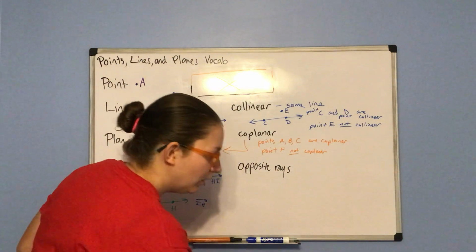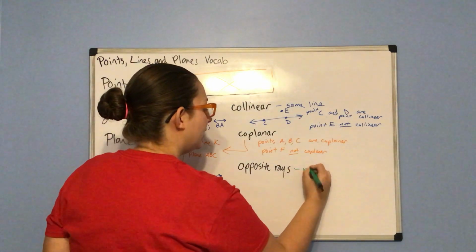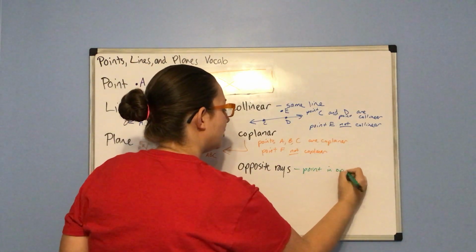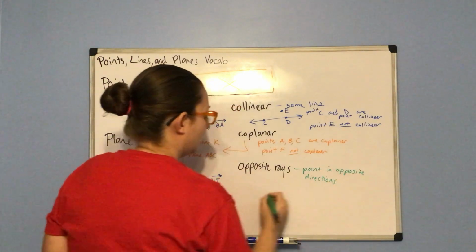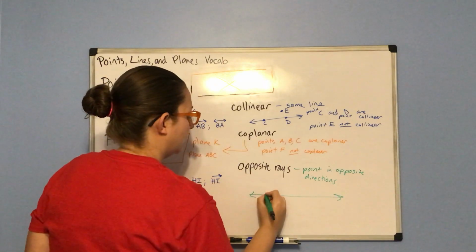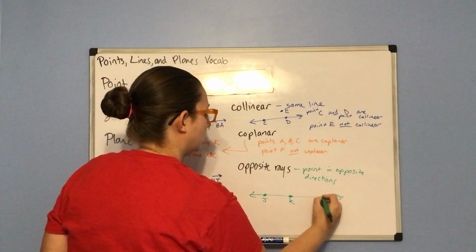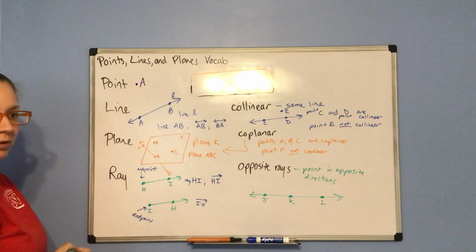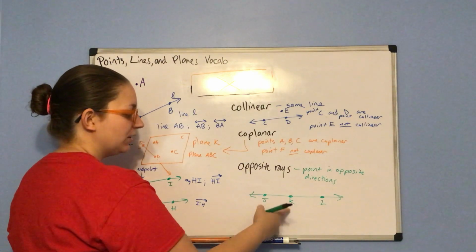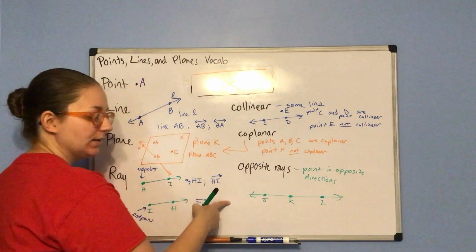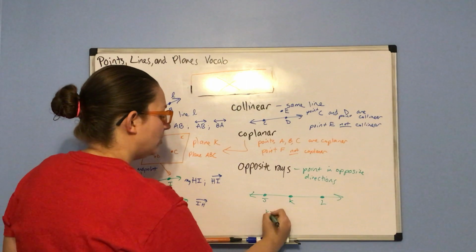The last vocabulary word we're going to talk about for now is opposite rays. Opposite rays point in opposite directions. I'm going to draw you a picture so you have a better idea. If you look here, you have some different rays. Remember, rays have to start at an endpoint and then point in some direction. So from K to J, I have KJ.